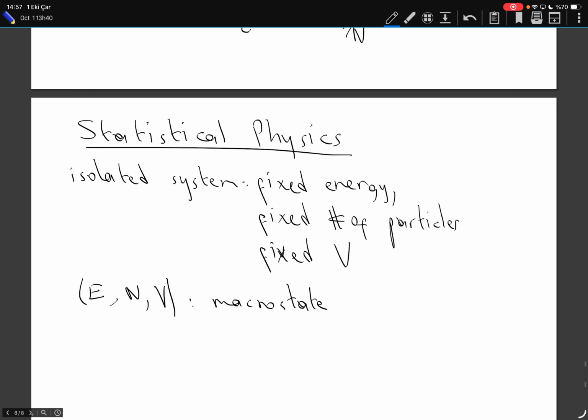When I look at an isolated system, in the thermal or macroscopic isolated system, I don't see the individual atoms. I see the general behavior. Like I can determine the energy, the number of particles, the volume of the system. I don't really care about what each one of the atoms making my system is.